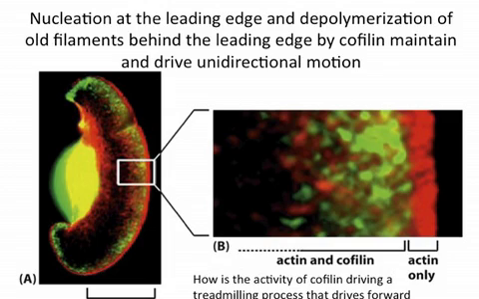So how is the activity of cofilin driving this treadmilling process? What is it doing to help drive the movement forward? It's essentially creating subunits and monomers that can be added to the front. Where are those subunits and monomers coming from?